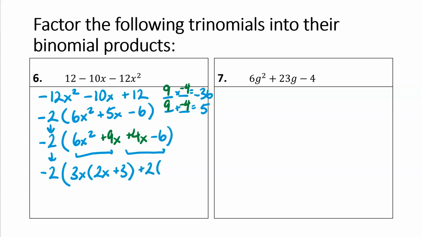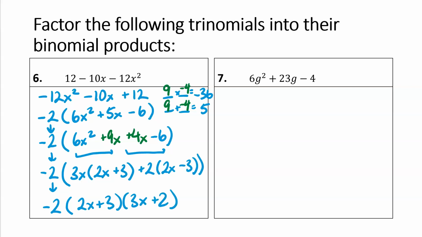A positive 2 times 2x is 4x. 2 times a negative 3 is a negative 6. We see our two common binomials, and we can factor that out, still keeping in mind we have that negative 2 on the outside multiplying everything. And you have your 2x plus 3, the common binomial, multiplied by the 3x plus 2. So your final answer is negative 2 times 2x plus 3 times 3x plus 2.